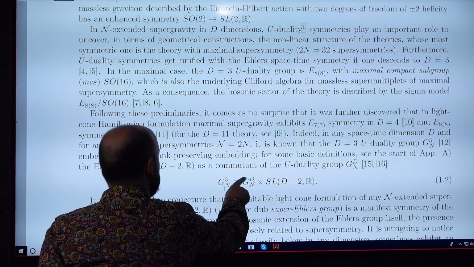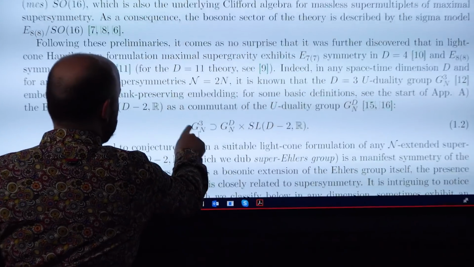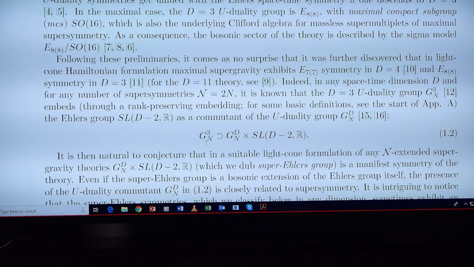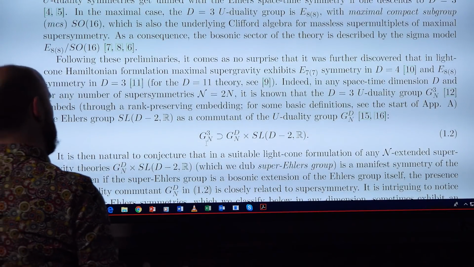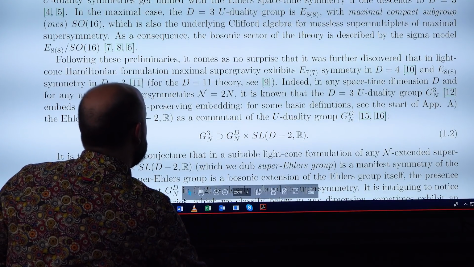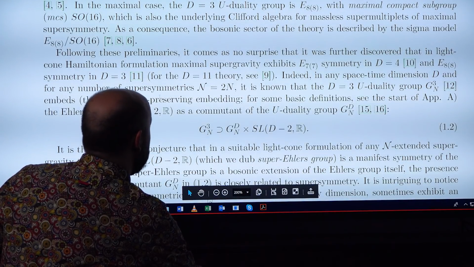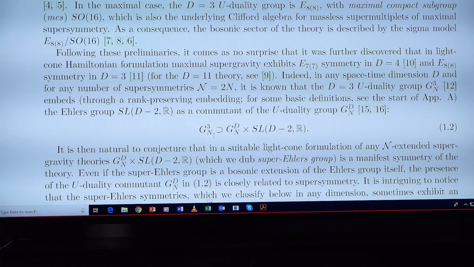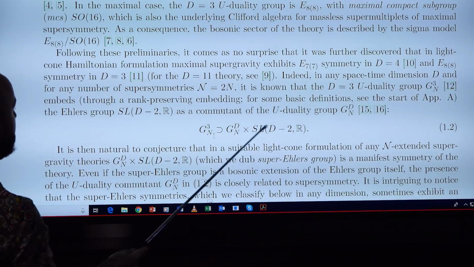The upper script will denote the dimension I'm considering, of a theory with a certain number N of local supersymmetries. For the moment, just take this information. I will not be talking about supersymmetry in particular, but in general there is this embedding, which might also be non-maximal and non-symmetric in general. And so you recognize here the d-dimensional Ehlers group.